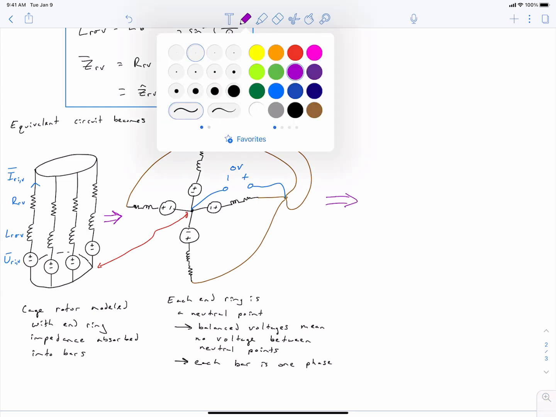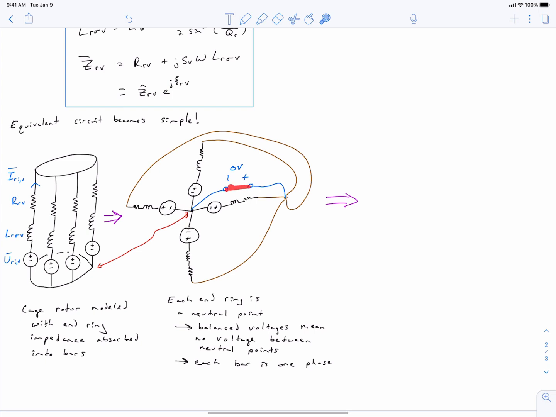Next, I'm going to take our observation that there is 0 voltage between these two neutral points and use that to draw a circuit that just consists of this. We can observe that this is possible because there's zero voltage here, so you could provide a current path between these terminals.